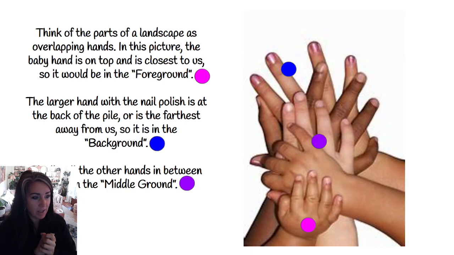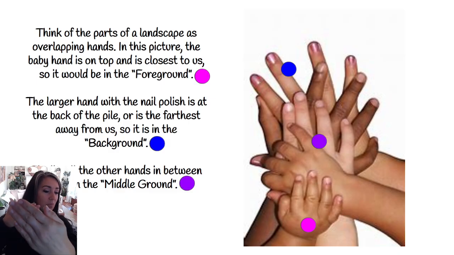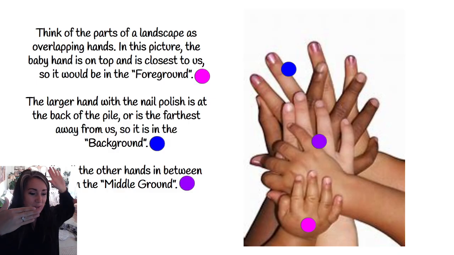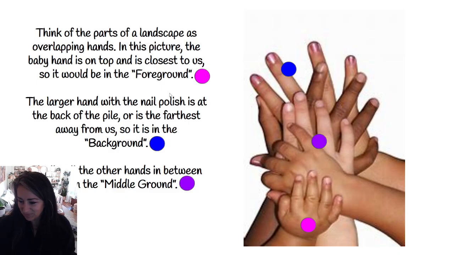The background then, the hand with the nail polish that's on the very back side of that, with the blue dot, that is our background. And then anything in the middle, that's going to be our middle ground. So those 3 hands that are nearish the purple dot, that's our middle ground. So that's another way of thinking of it too. It's that layering, right? Foreground, middle ground, background.